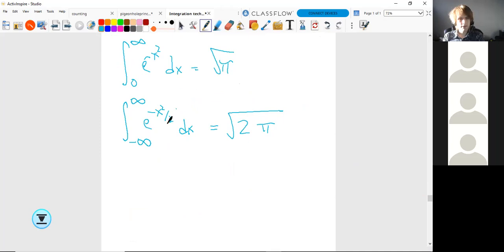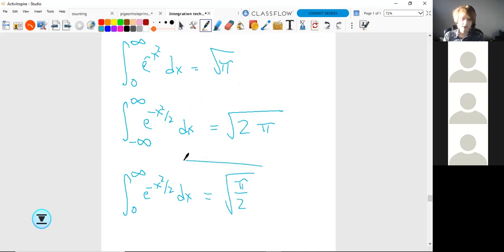And so this thing is an even function. So this is also equivalent to saying the integral from 0 to infinity of e to the minus x squared over 2 dx is equal to the square root of pi divided by 2. And so this is the one that we're going to prove now using differentiation under the integral sign.